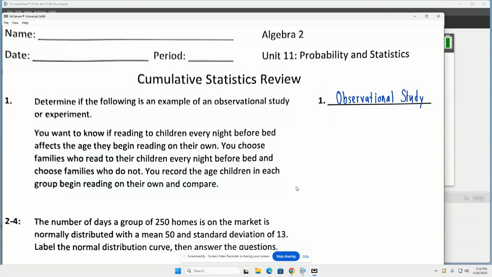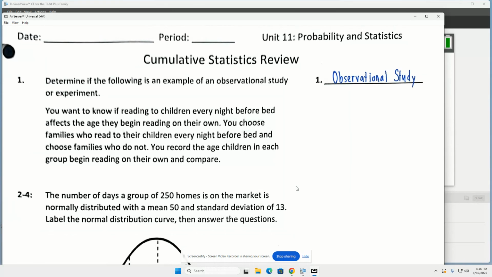All you can do is talk to families who either read each night or don't read each night, and then see what happens as you look at the age that children start reading. I hope that makes sense because, again, with an observational study, you can't cause or control something, you're just stepping back and looking. But with an experiment, you can.